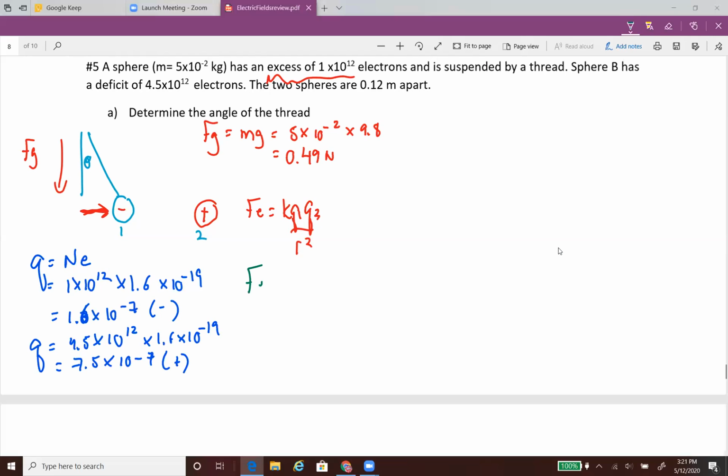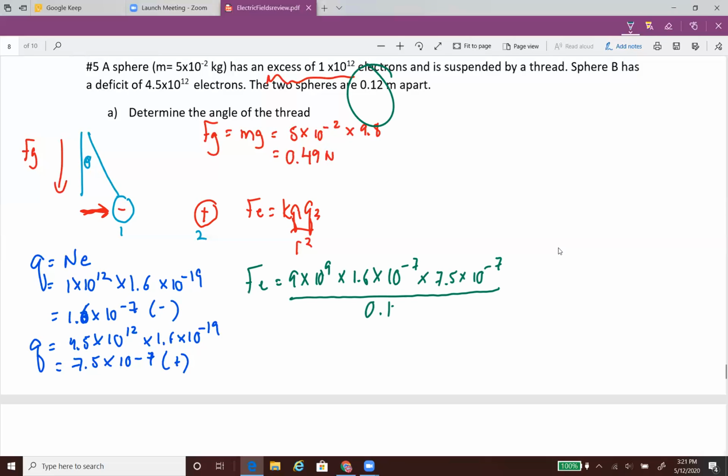So we could say Fe equals K times Q1 times 10 to the minus 7 times Q2, over R squared, which is 0.12 meters squared.